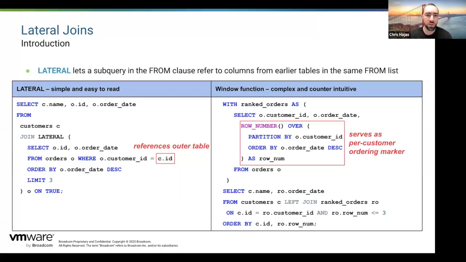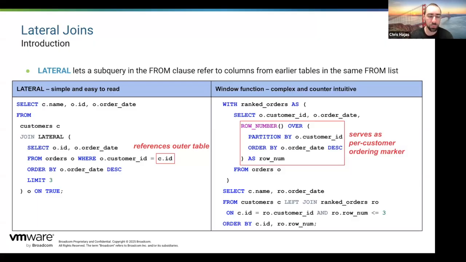Next slide. So kind of adding on to that, here's a more concrete example. So let's first look at the one on the left where you have an outer table customers, and you have a subquery here, select o.oid, order date from orders.